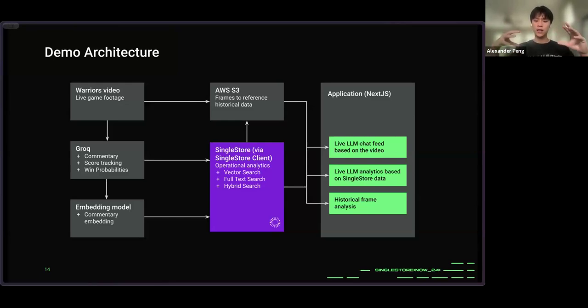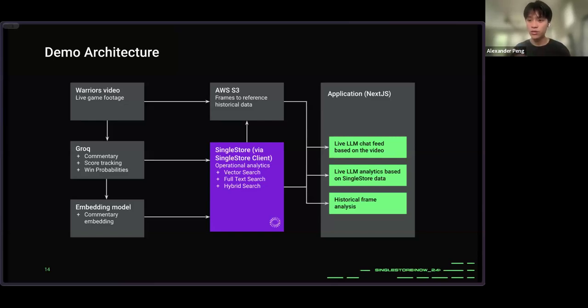And all of this data gets fed into SingleStore, right? SingleStore, which supports vector search, full text search, hybrid search, stores the embeddings, right?